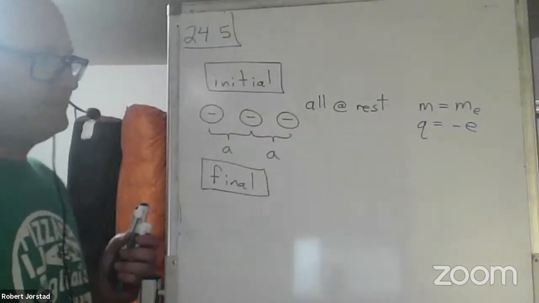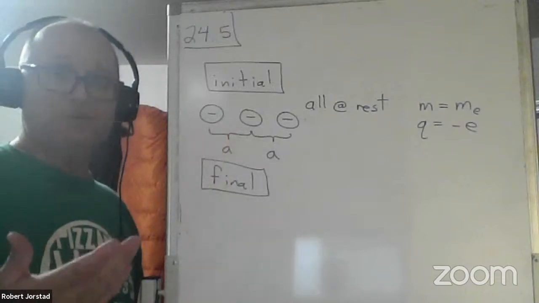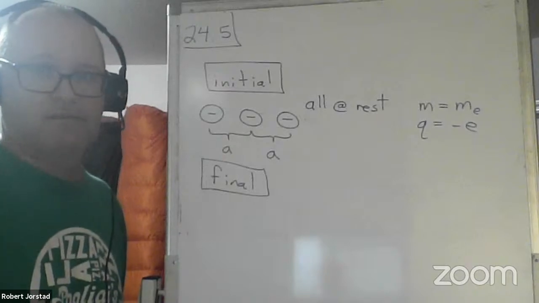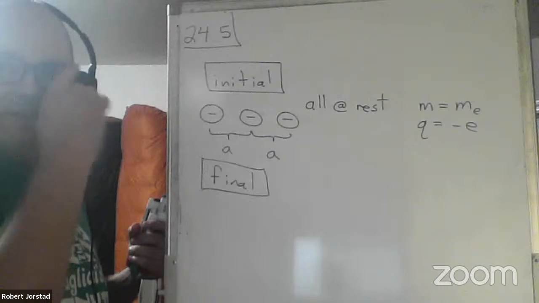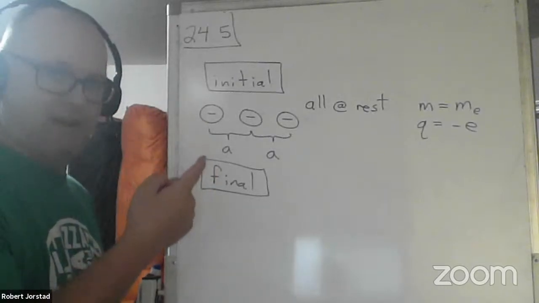Let me ask you something. You put all these things together. What do you think would happen if you release it from rest? Shouldn't the middle one stay put and the left and the right shoot out to left and right? That's what we expect, right? So do you think this has a positive or a negative potential energy right now?